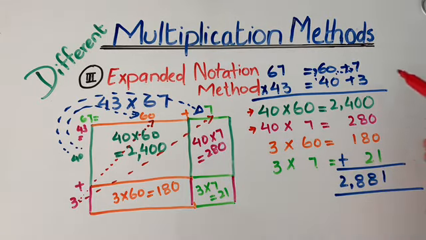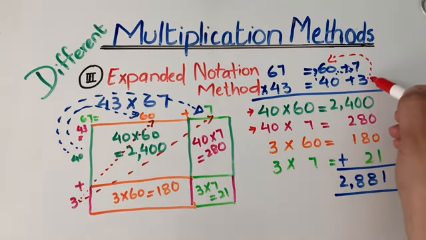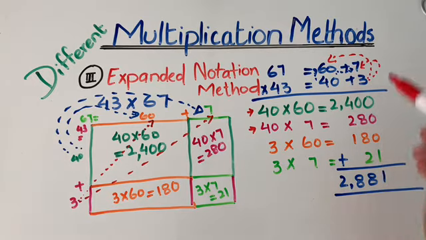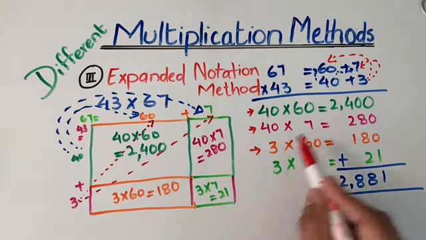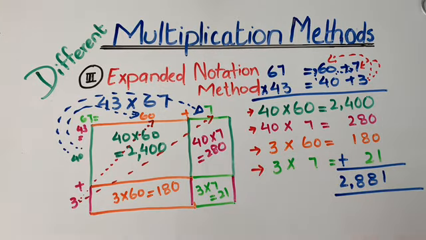And then we'll multiply 3 times 60 and then 3 times 7. So this is 3 times 60 and 3 times 7 is here. And when we add them, we'll get the answer. So this is all about the expanded notation method, which is quite similar to the place value sections method.